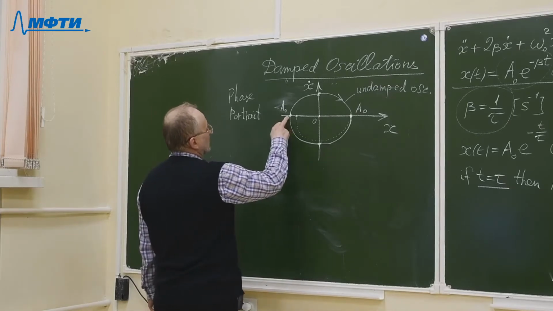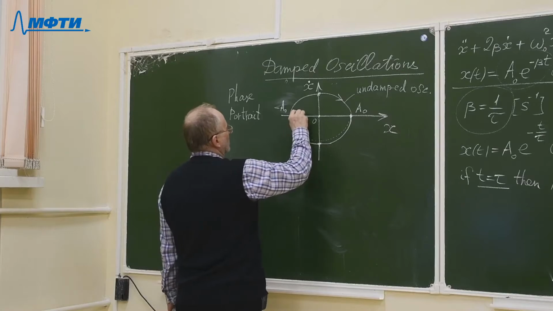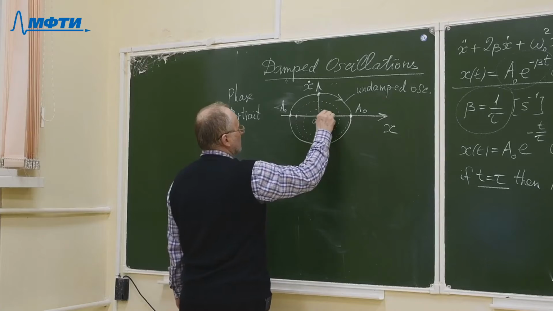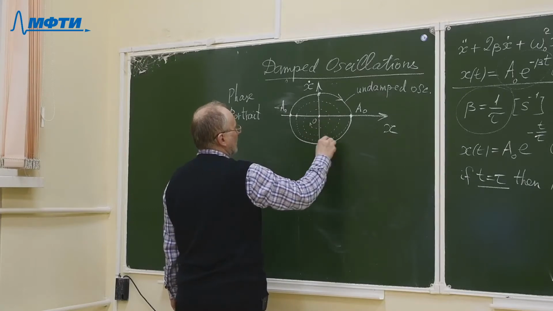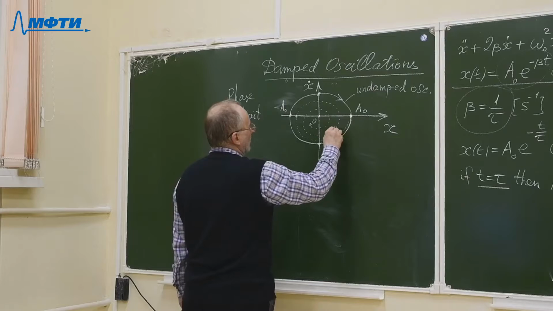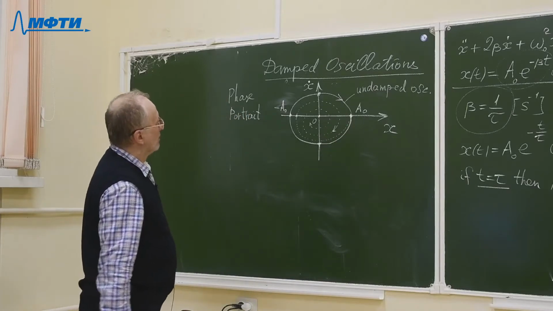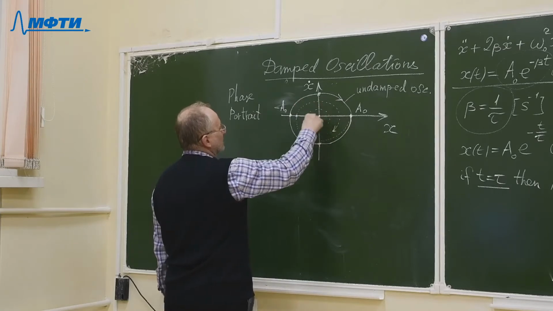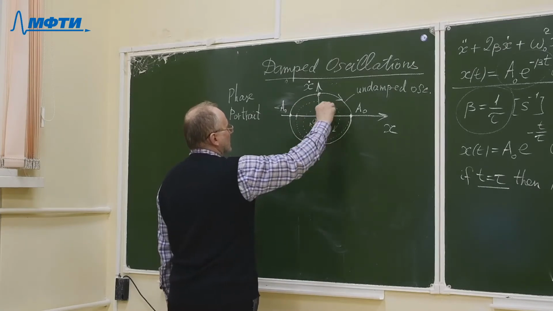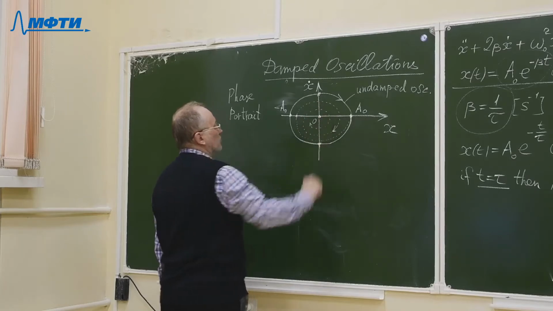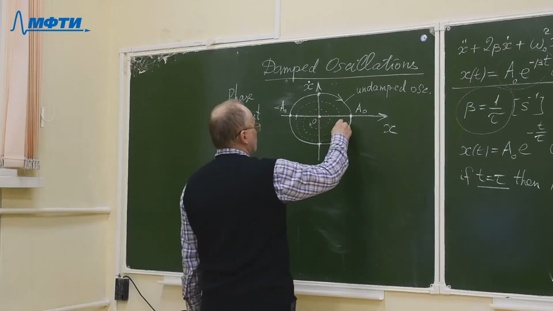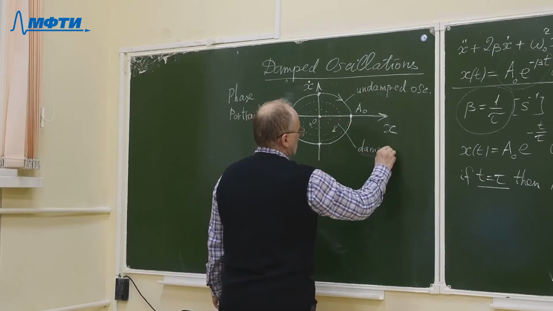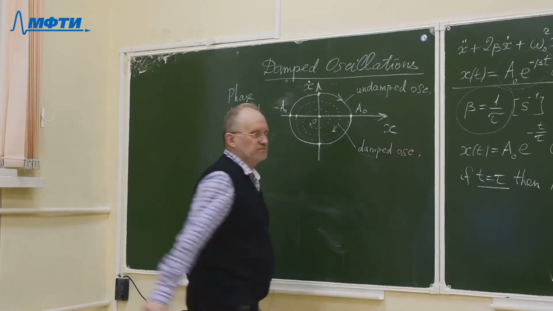It will not be minus A0, it will be smaller, and so the damped oscillations will be presented by such a spiral, when the amplitude decreases with time and the velocities decrease, and finally this spiral goes into the 0 point. So such will be the phase portrait of damped oscillations.